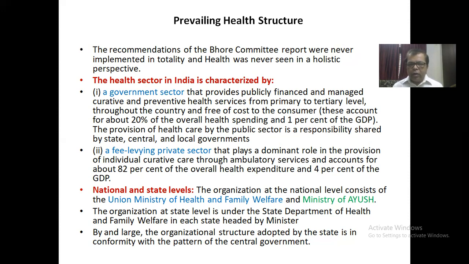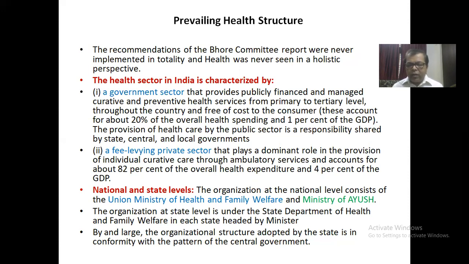It talks about the larger macro environment, and in this macro environment, the healthcare system is also a part. So here we are talking about this healthcare system. Now there are national level, state level and then local level structures. At the national level, as of today, we know that there are two ministries. One is the Ministry of Health and Family Welfare, and the second is the Ministry of Ayush.